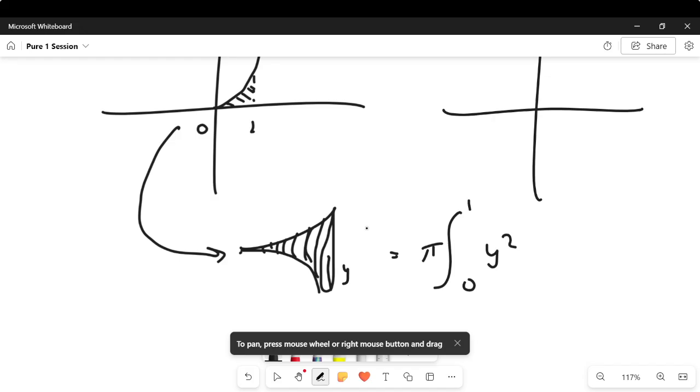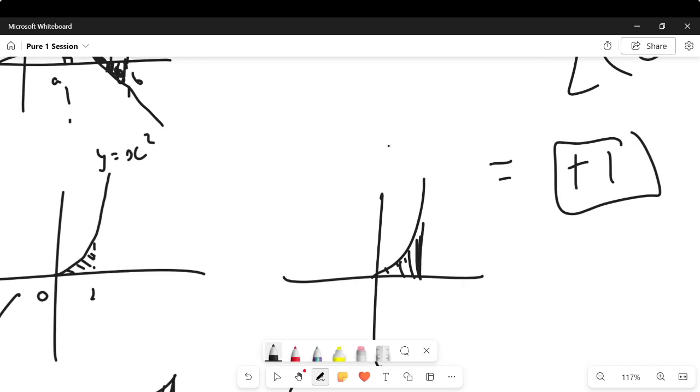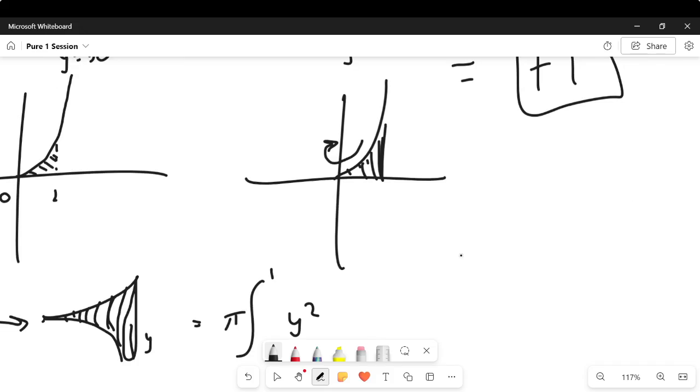Now, the second case could be that they ask you to revolve this shaded region about the y-axis instead of the x-axis. Let me make the shaded region.